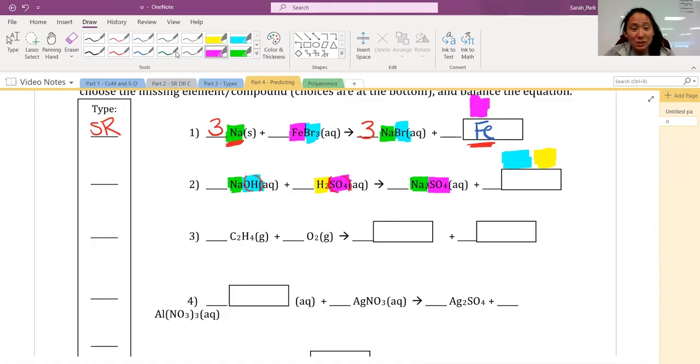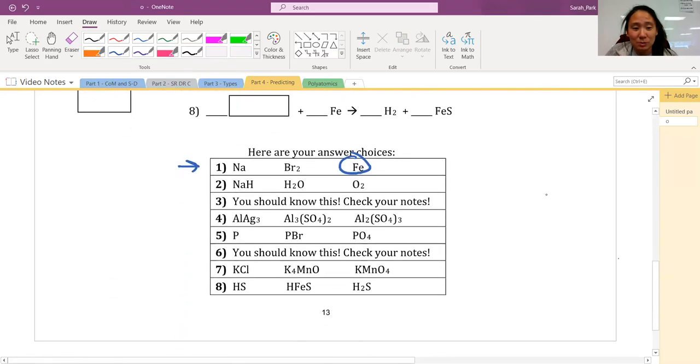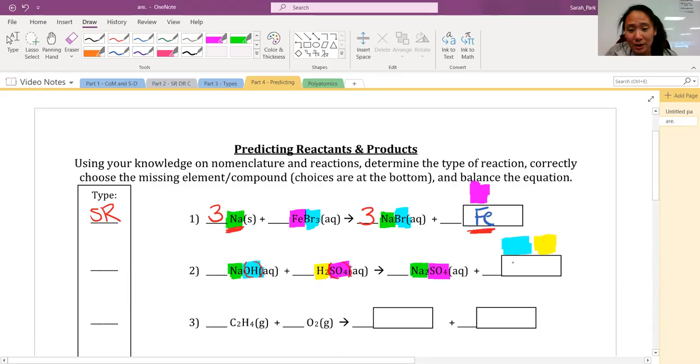I'm missing some H's and OH's, so I got to think about what answer choice would fit best in number 2. So number 2, I think, okay, which one has H's and OH's? This has an Na, so that's not that one. This one's missing H's, so this is my best answer. It's H2O. So I'm going to write H2O here.